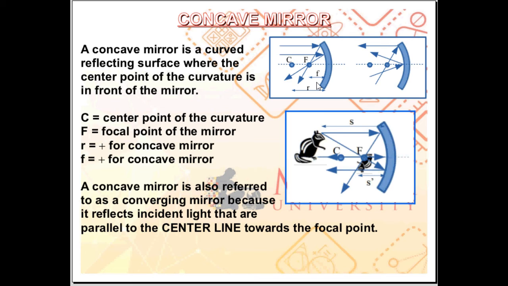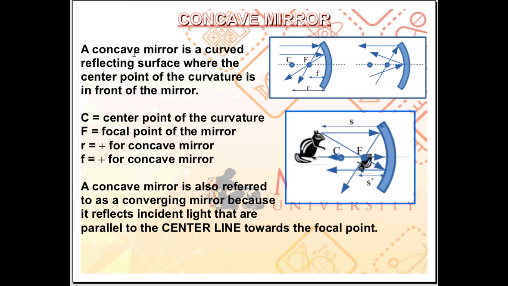You have a concave mirror. For a concave mirror, the radius of curvature is positive, which means the focal length is also positive. Focal length tells us the location of the focal point.